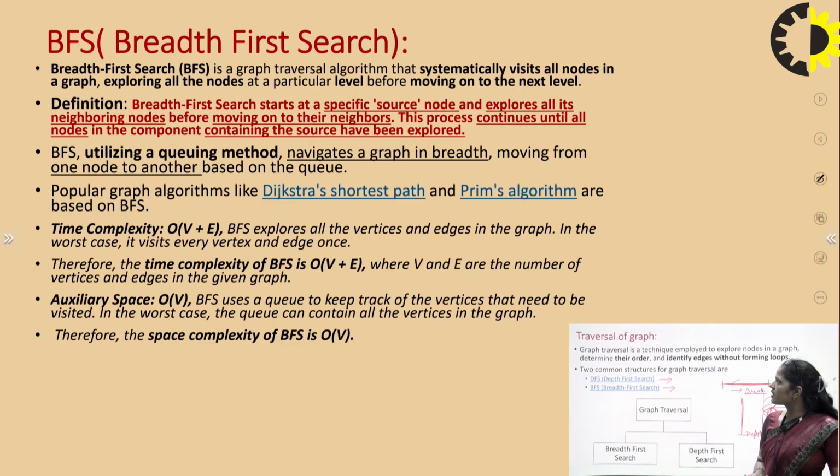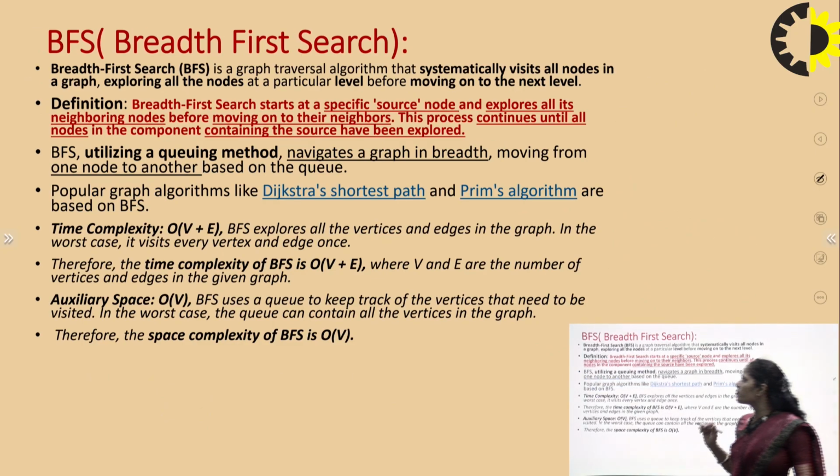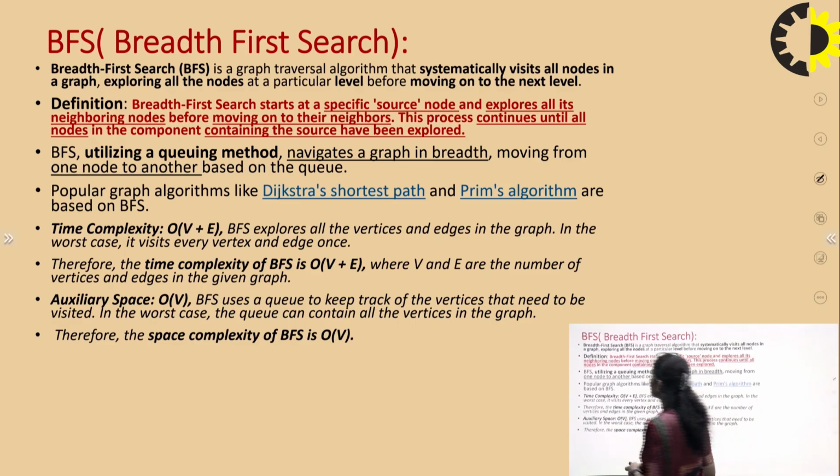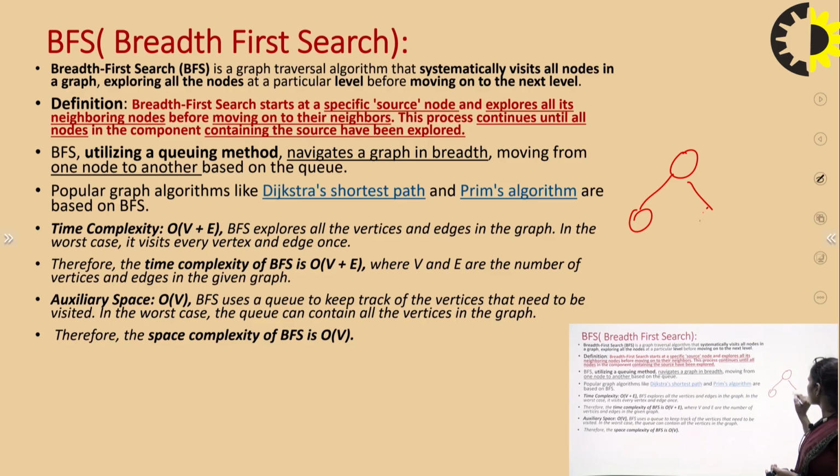Next we will discuss the working process of BFS. Basically BFS is a graph traversal technique, or you can say an algorithm, that systematically visits all nodes in the graph, exploring all nodes at a particular level. Level is considered a horizontal approach, right?